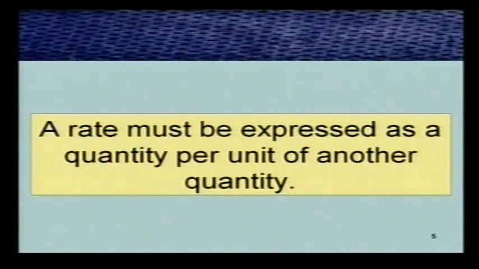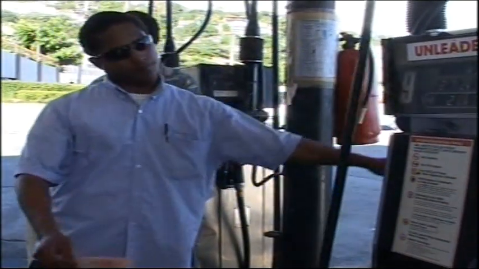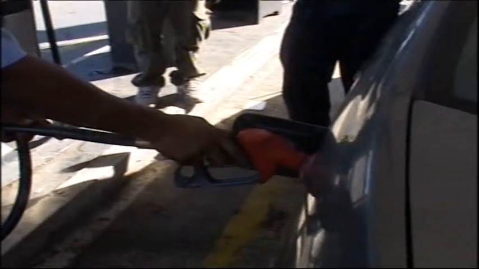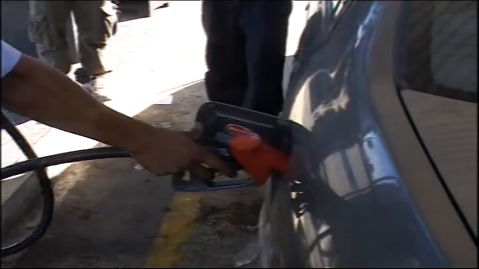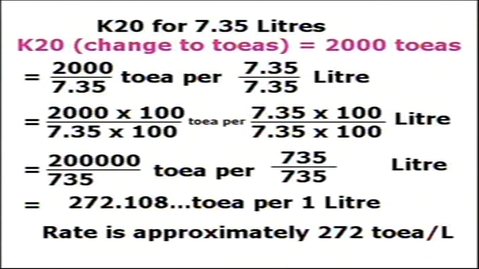Now, for example, at the petrol station or the fuel station, if you looked at the rate, when it was calculated, 227 toea per liter.